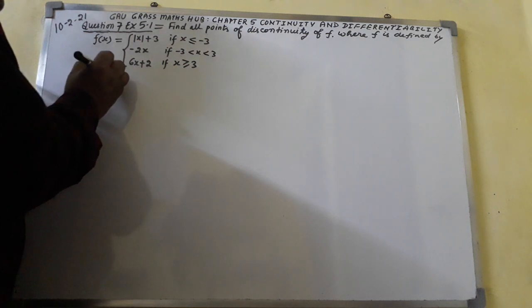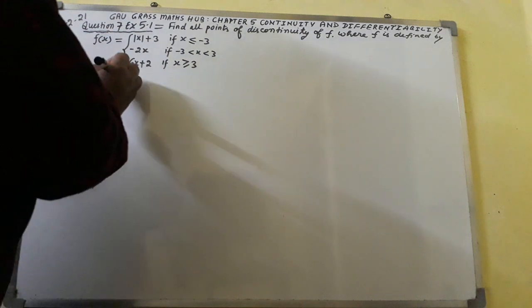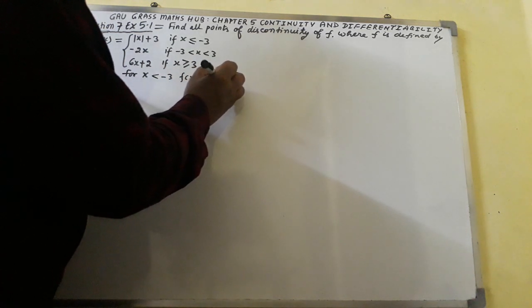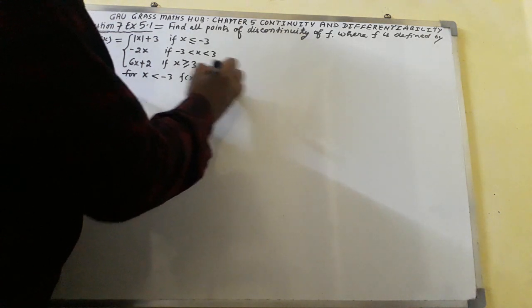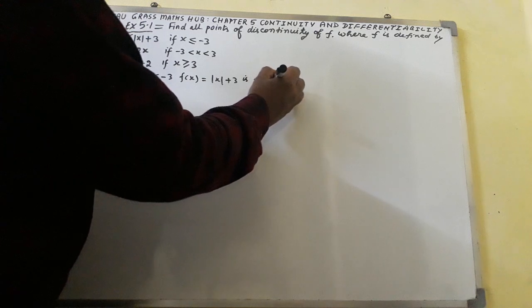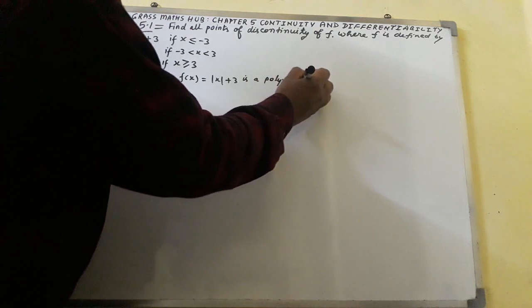Here I shall write the solution. For x less than minus 3, f of x is equal to mod x plus 3, which is a polynomial function.